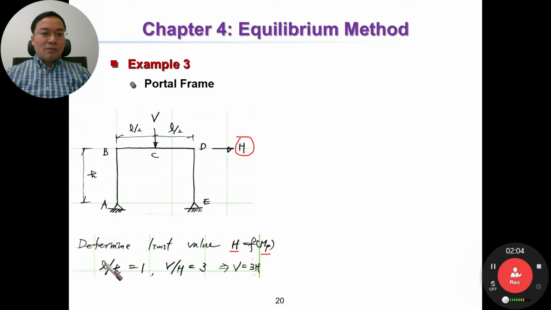And we assume L over h equal to 1, meaning the length of the column and the beam is identical. And the ratio between V and H is 3, meaning V equal to 3 times H. So determine H as a function of MP.